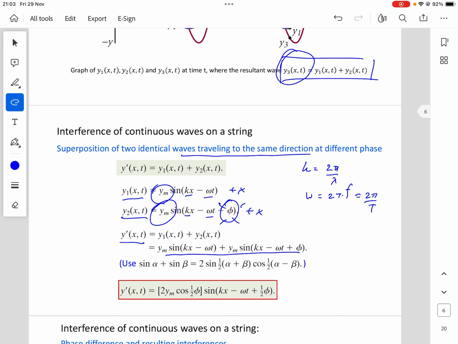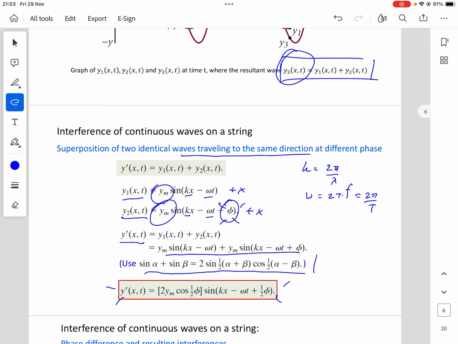Okay, so you can use the mathematical formula sine alpha plus sine beta equals 2 sine of (alpha plus beta) divided by 2, times cosine of (alpha minus beta) divided by 2. You can find it on Google, and you can combine them and get the form like this. What really is this? It's just a sum of two functions made into the simplest form, right?